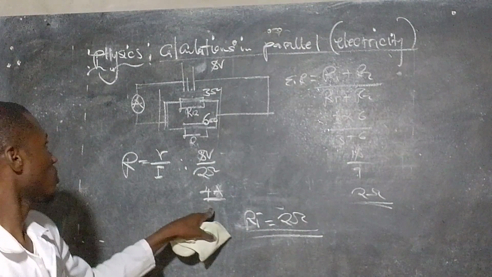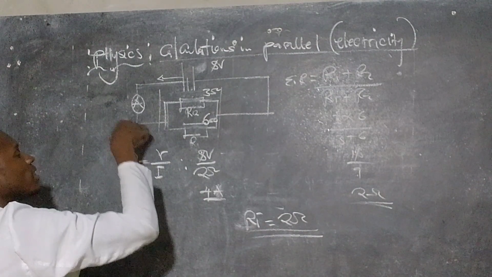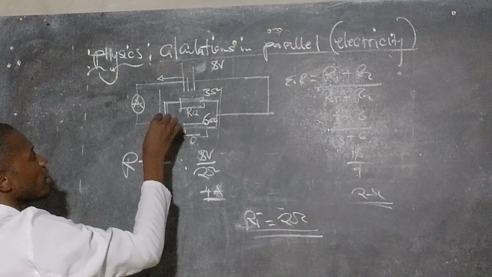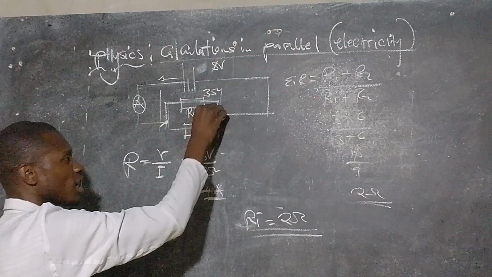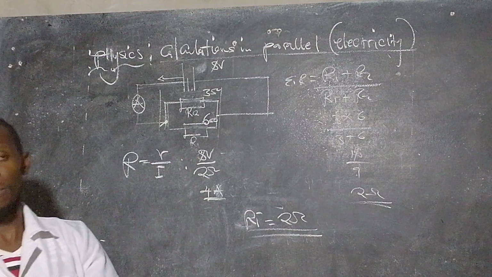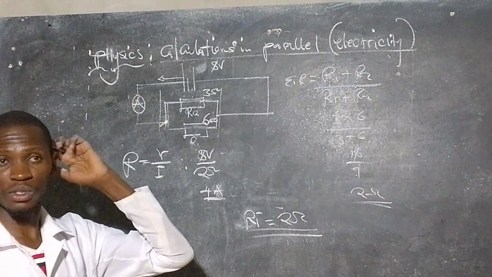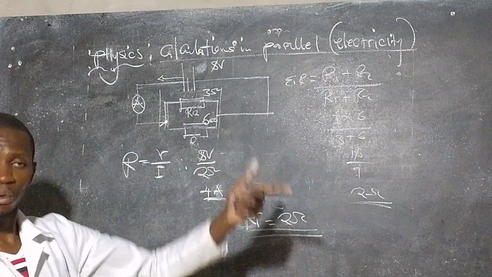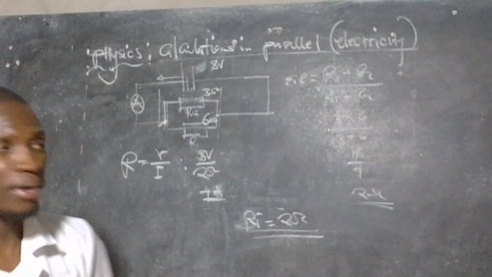So this current, when it's coming in this direction, it will be detected by the ammeter here, then come to this junction. The current at this junction is equal to the current at this junction, meaning that the resistor with higher resistance will have a low amount of current passing through it, and the one which has low resistance will have higher current.